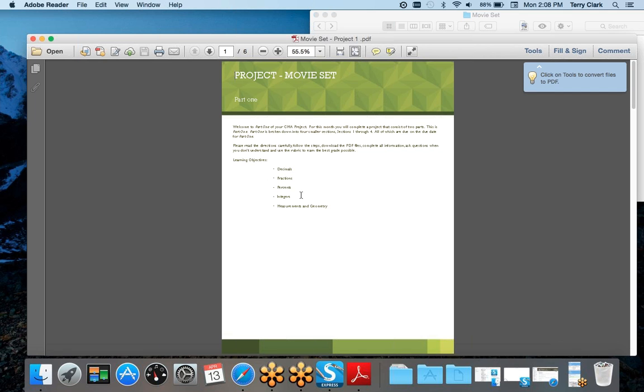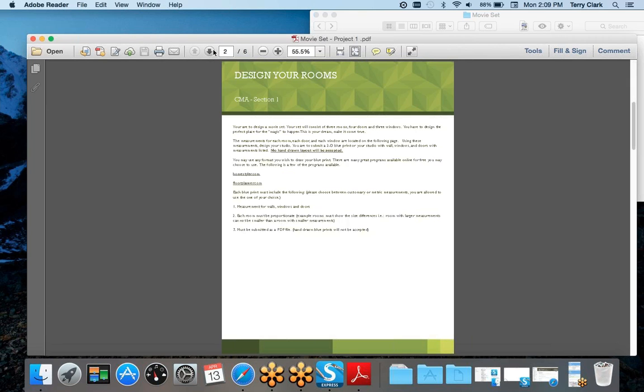Okay, and the learning objectives, these are going to be the things that we're going to work with: decimals, fractions, percents, integers, and measurements in geometry. Those are going to be the things that we're going to learn, or that we're going to demonstrate that we have learned from this project by completing this project.